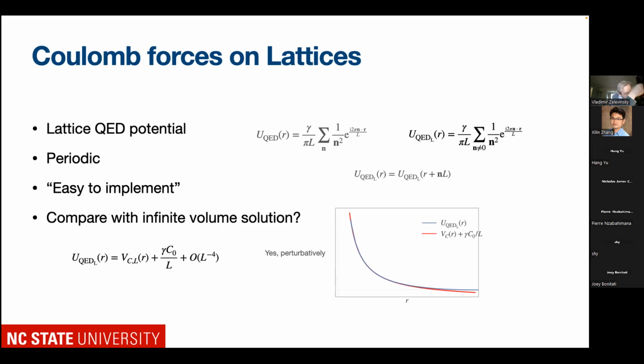However, we are doing analytical computations, so it's not so easy. We have to look at how this lattice Coulomb potential works by expanding it analytically. We find that the leading term is exactly our Coulomb potential, plus constant terms and also some higher power-law terms. This picture showcases how we can treat this perturbatively relative to our Coulomb force.